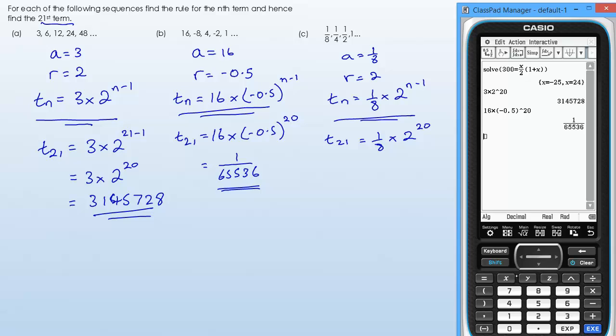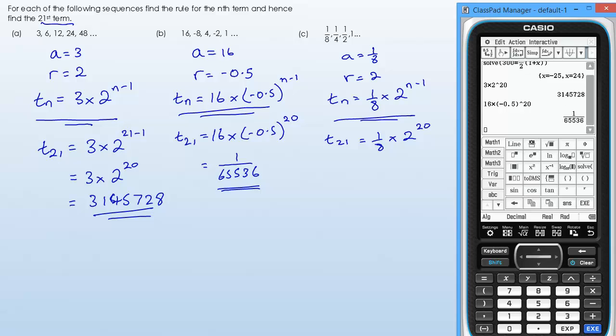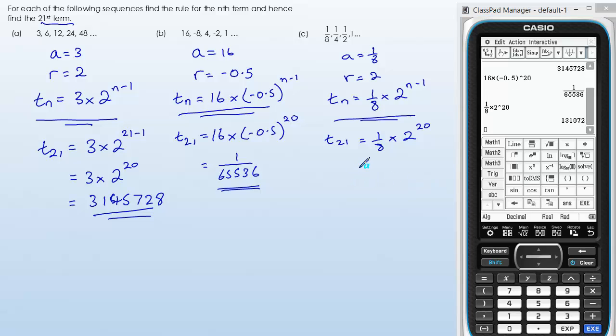So what we have there is 1/8, and we're going to multiply that by 2 to the power 20, and that gives me 131,072.